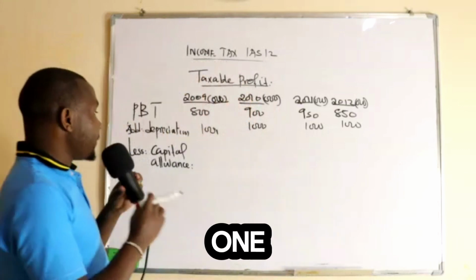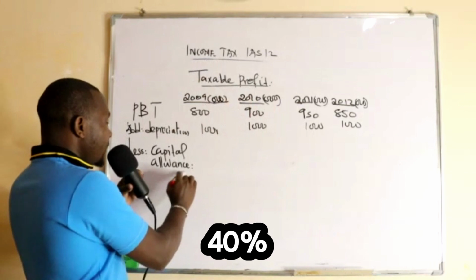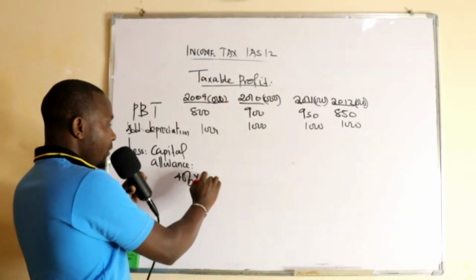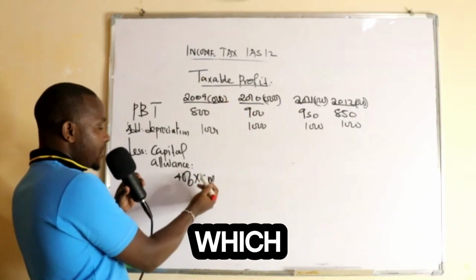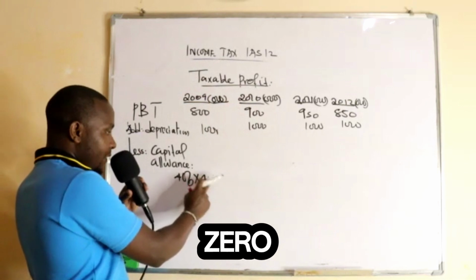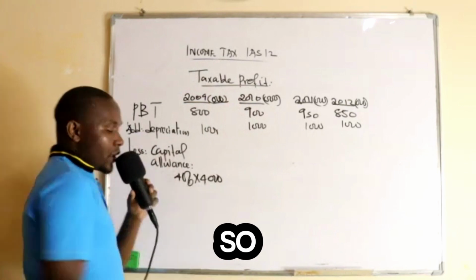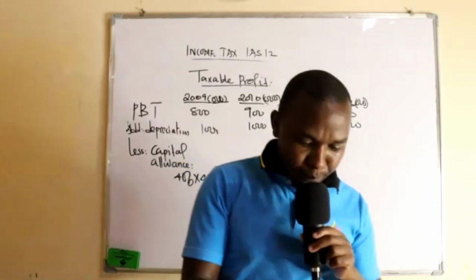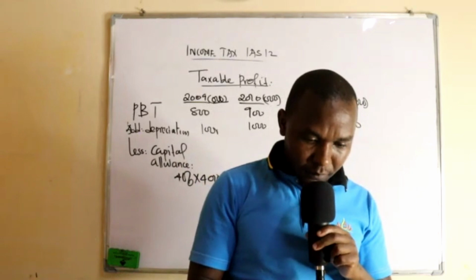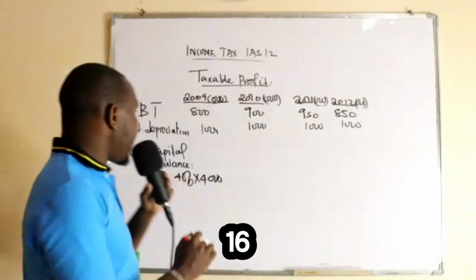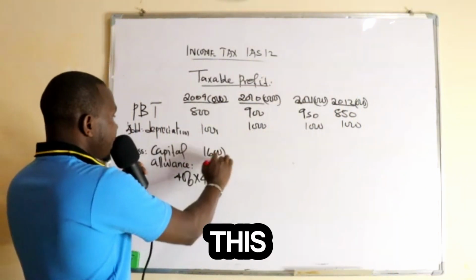So for year 1, you will take 40% of 4 million, which remember we have 3 zeros, so we can use 4,000. So 40% of 4,000, 1,600. So subtract this.